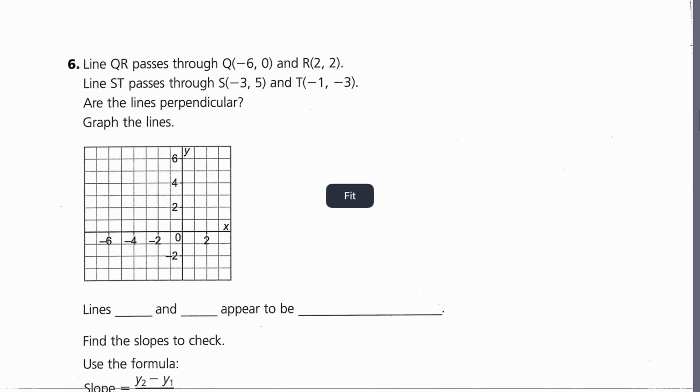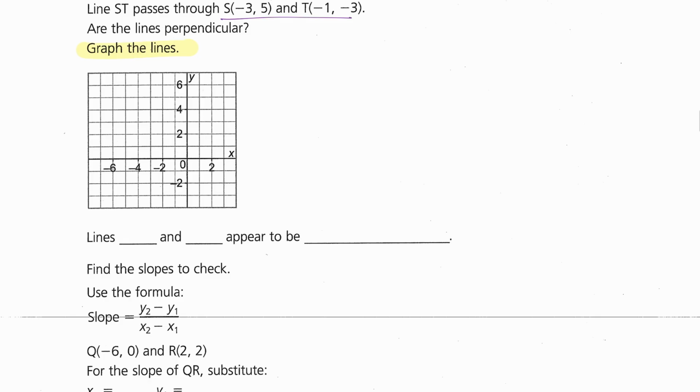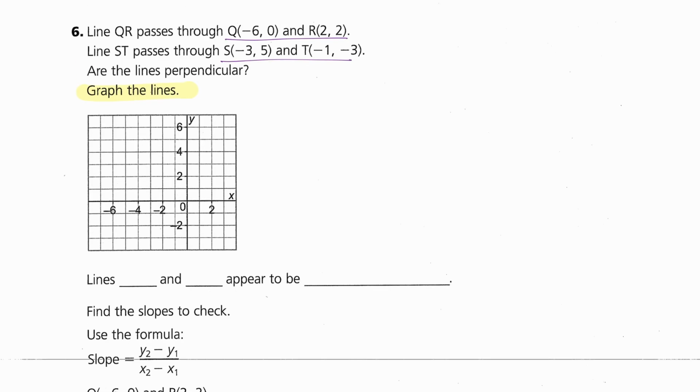Question 6 is based on example number 2. You can see a pair of coordinates. Okay, so the first task is to graph the line over here. Identify the coordinates on this grid and say whether lines QR and ST appear to be perpendicular or appear not to be perpendicular.